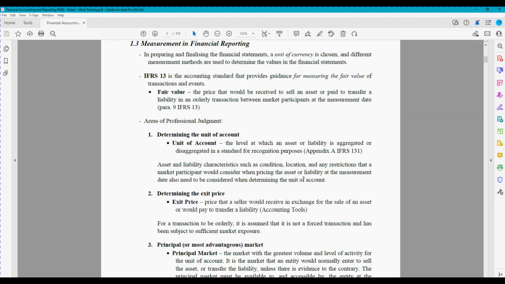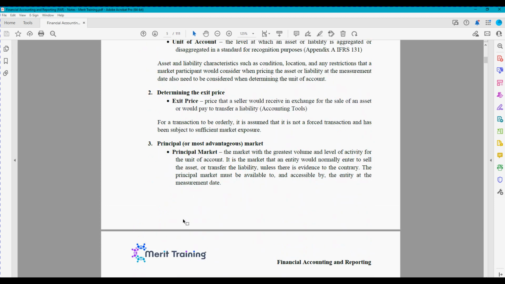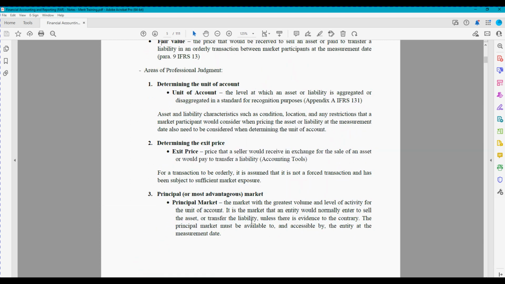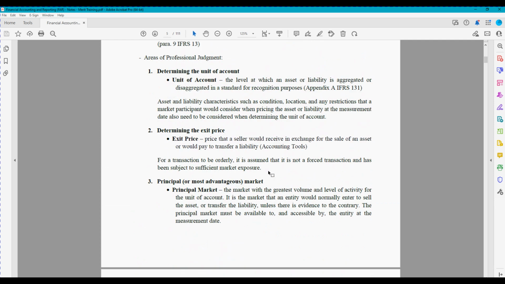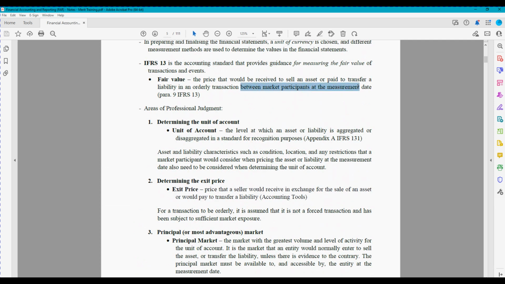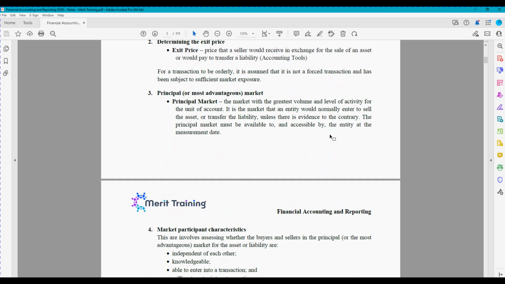Next, a key concept within IFRS 13 talks about the need that it's the principal or the most advantageous market when defining what fair value is. So when we're looking at market participants and what the market would pay, which is in the definition of fair value, we need to consider what is the actual level of the market, because there can be different levels of markets, right?